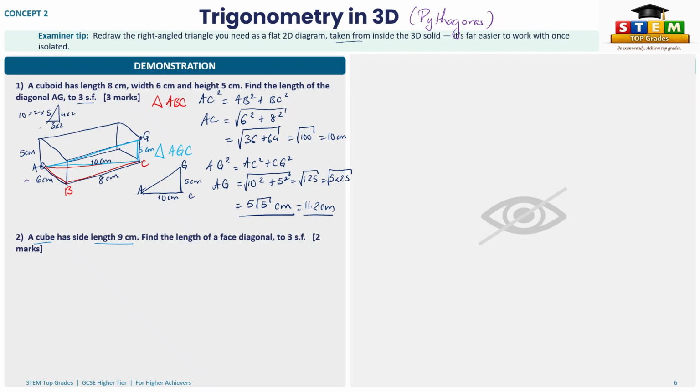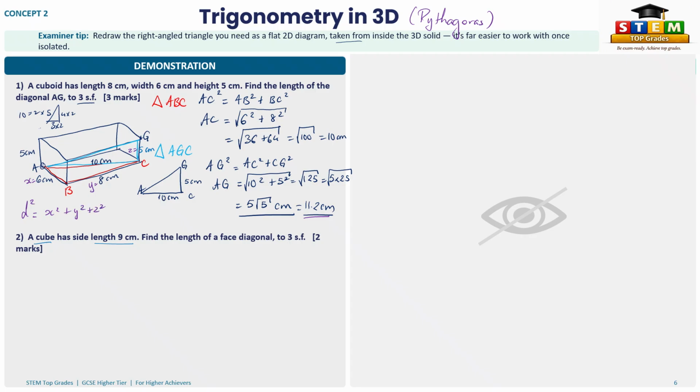So if this is x, that's y, and this is z. Okay, so 3D Pythagoras. So if you wanted to get this answer as a shortcut, you just have to do d squared equals x squared plus y squared plus z squared.